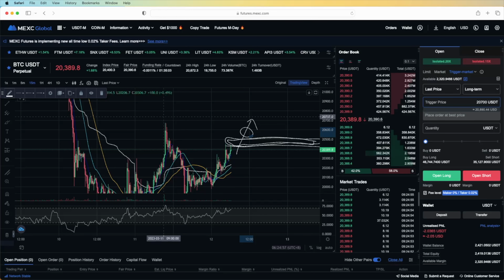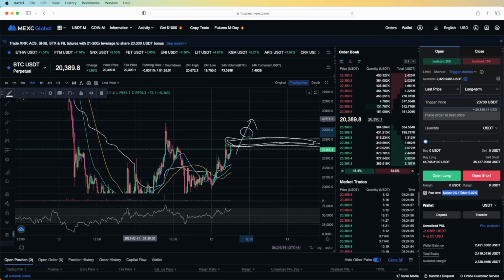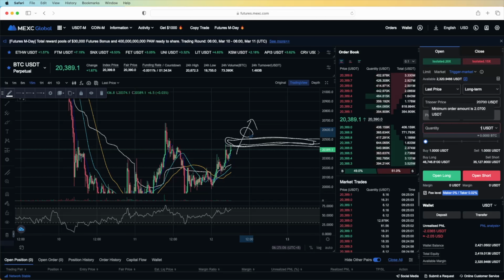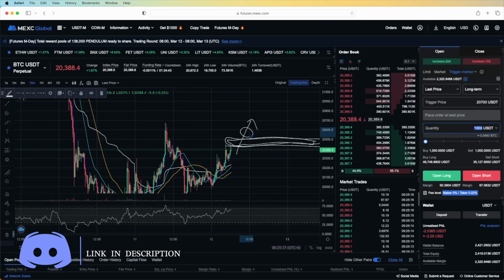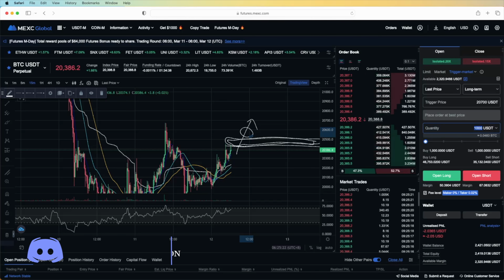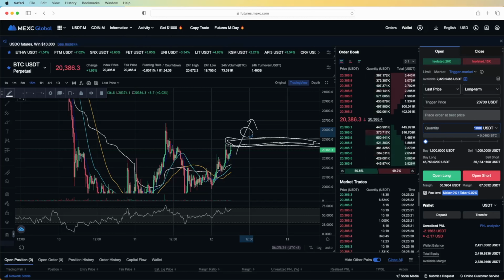That is really good, you don't miss the opportunity sometimes, but it has a lot of risk too. For example, they put it 20,700, the value of the $1,000, and they give us the 0.4 BTC, because your margin is gonna be around $50 for the open long position.